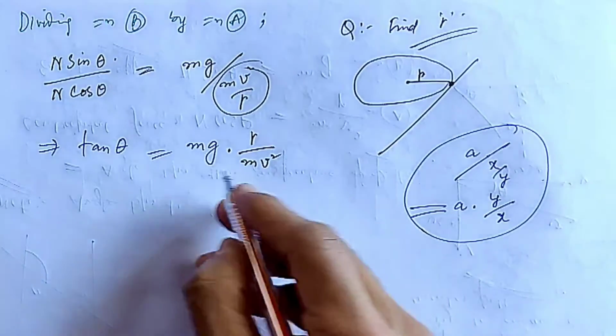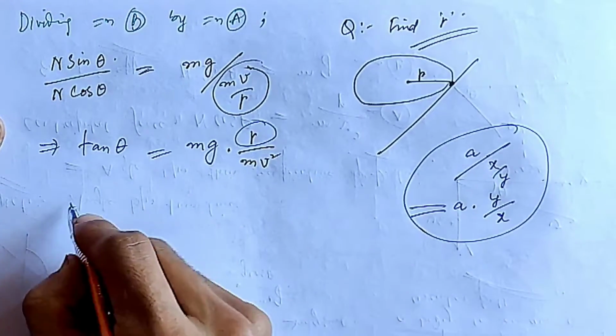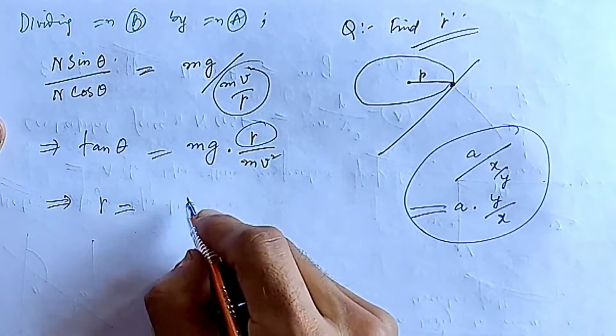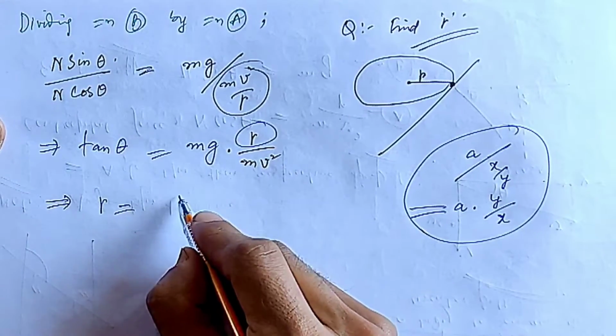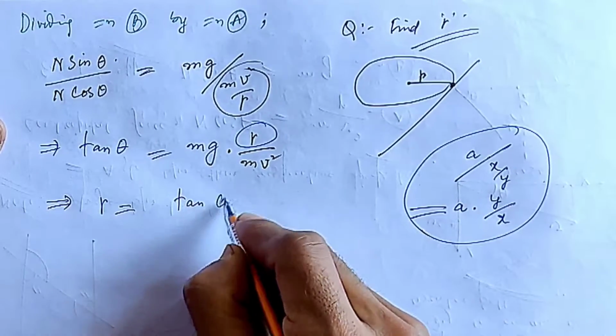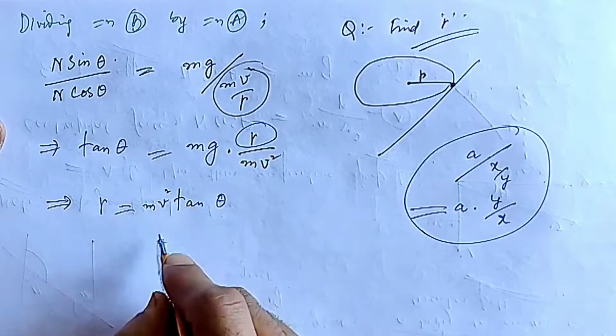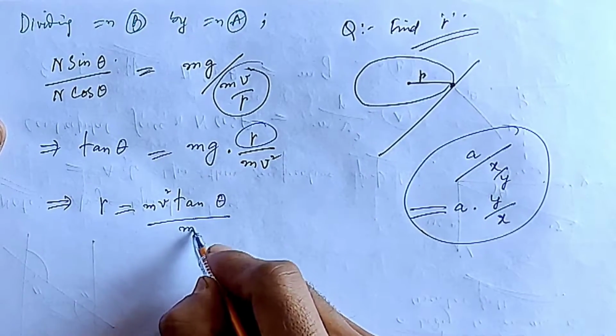Fine. So in other words, this r will be equal to tan of theta, mv square, multiplied by, divided by mg.